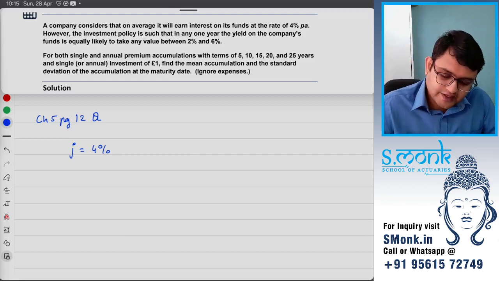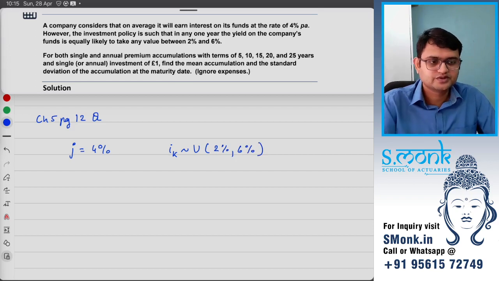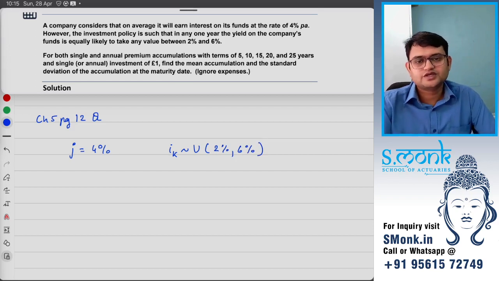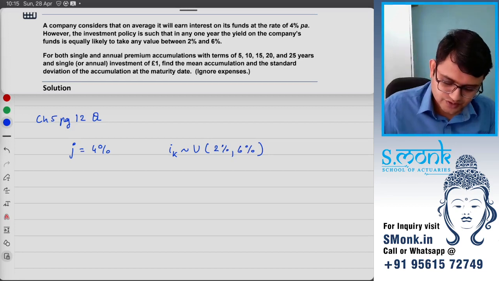Equally likely to take any value. So I'll say i_k just follows a uniform distribution between 2% to 6%. It's equally likely. That means it's a uniform distribution.